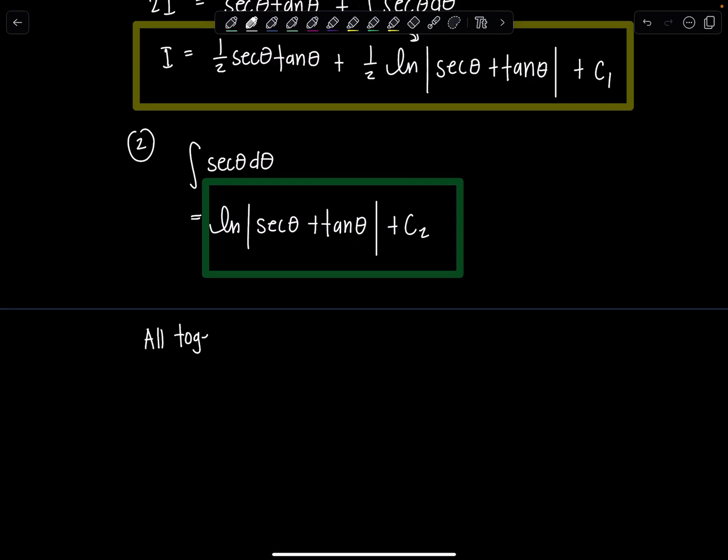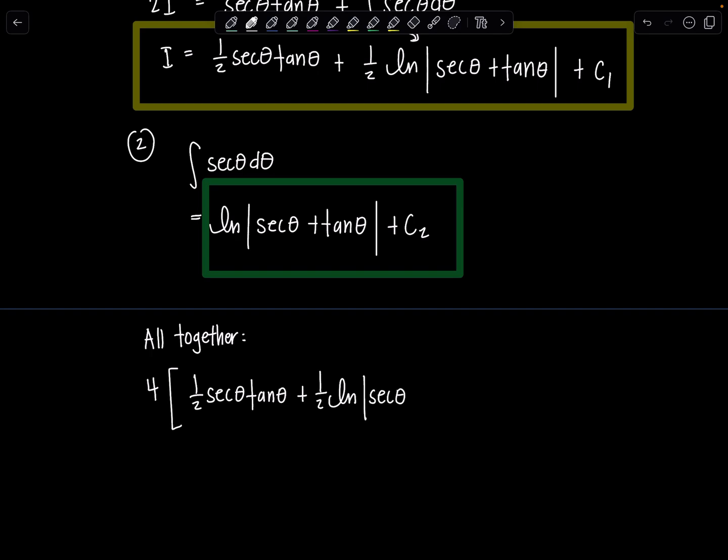And then I'll go back to the original variable if you were wondering when that was going to happen. So we had a 4 sitting outside. Do you remember that? Okay. Then my first integral, 1/2 secant theta tan theta plus 1/2 natural log absolute value secant theta plus tan theta. And then I have minus integral 2.